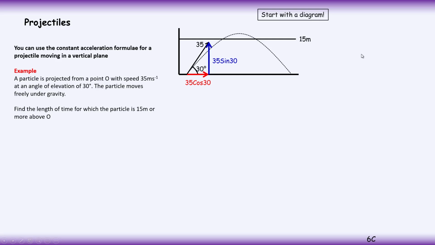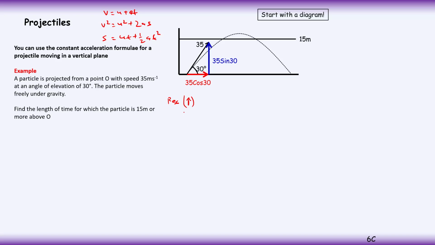So if we resolve vertically, with upwards being positive, then we're using our Suvat equations. V equals U plus AT, V squared equals U squared plus 2AS, and S is equal to UT plus a half AT squared.